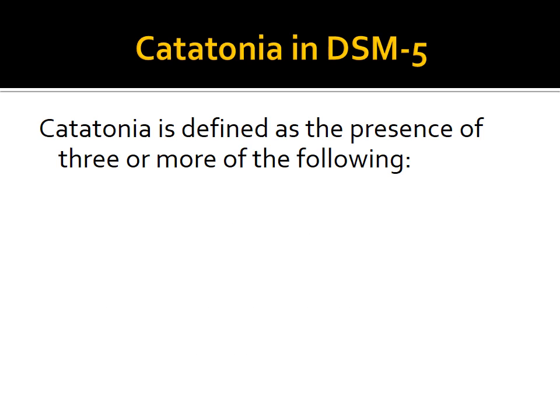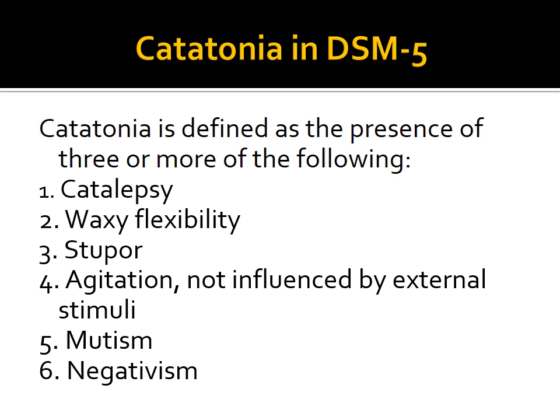And in DSM-5, catatonia is defined as the presence of 3 or more out of 12 clinical features. So I've listed 6 of them in this slide. You can pause if you want to note them down.